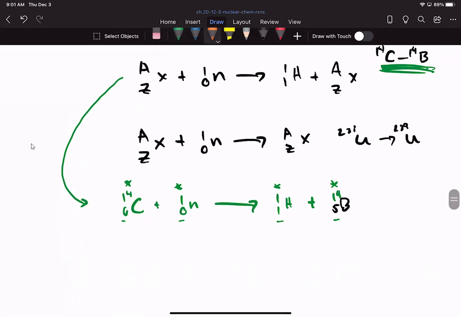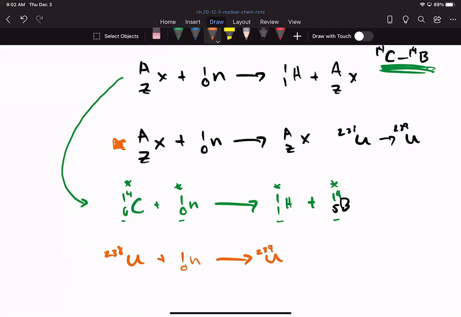The next one, let's do uranium now. We'll take uranium 238 plus 1 neutron, and we're going to simply get uranium 239.